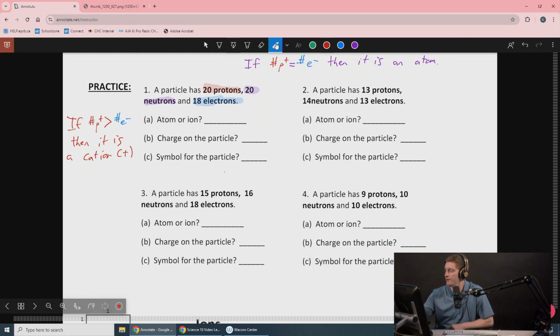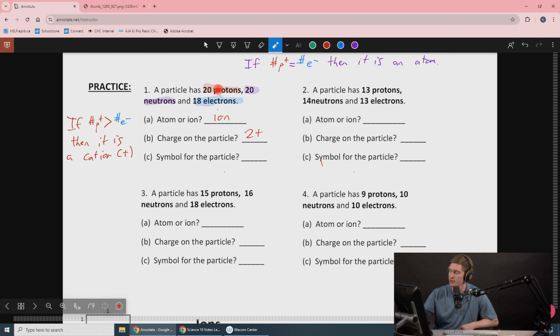So if we're looking here, we've got 20 protons and 18 electrons, which means this is an ion. I have more protons than electrons. I, in fact, have 2 more protons than electrons, so my charge is going to be 2 plus. To figure out which symbol I use, I look for the proton number.